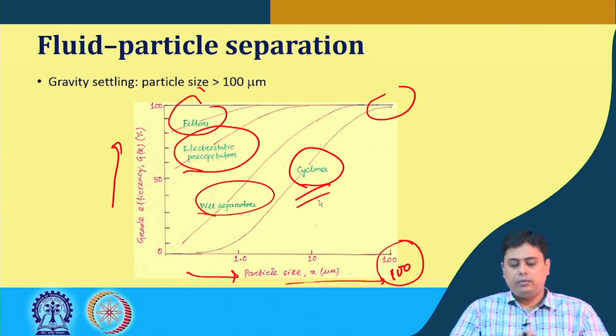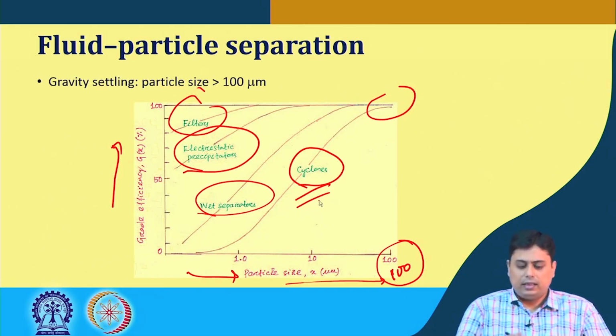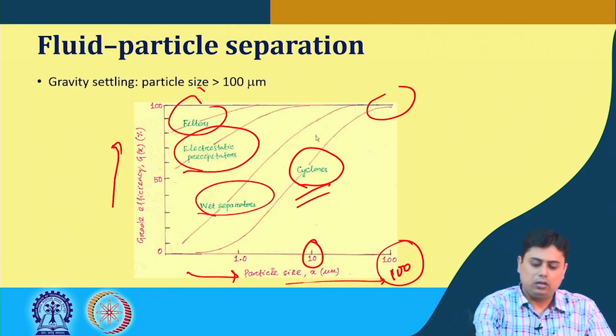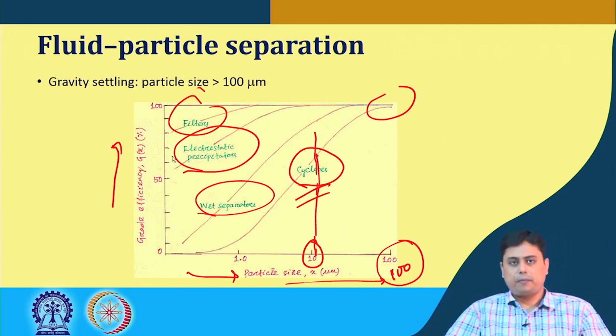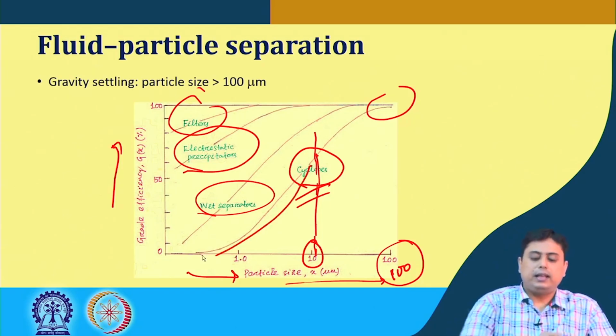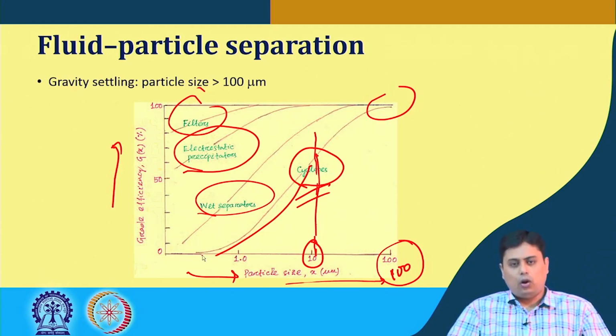Another interesting point from this schematic is that at 10 micron the separation efficiency is somewhat more than 60 or 70%, but below that it is not that efficient. So, the cyclone separator works well above 10 micron and below 100 micron particle size.